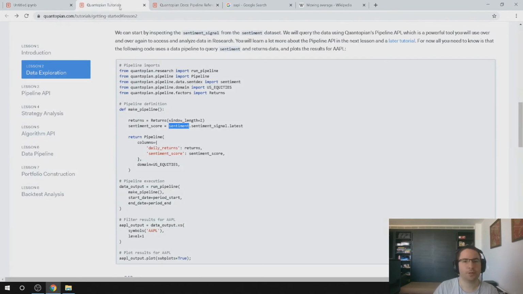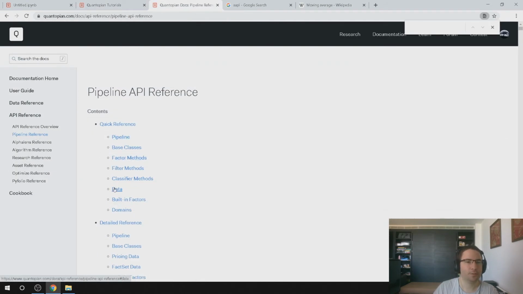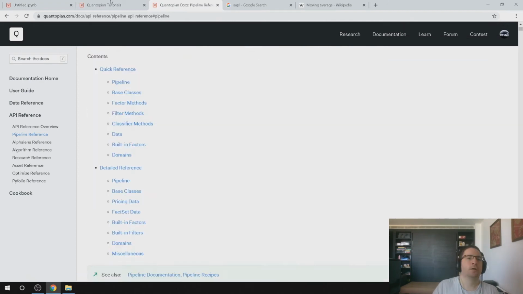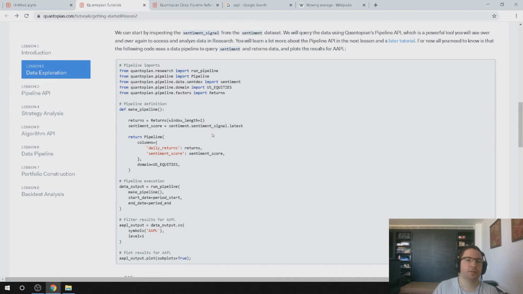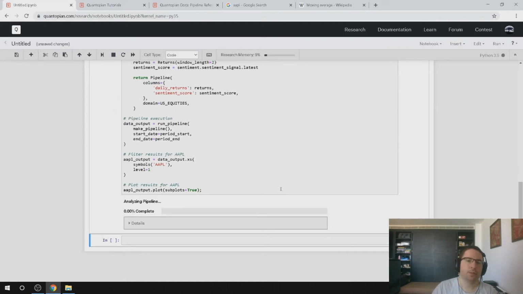What am I doing? Pipeline data. There's no sentex here, is there? Should we just give it the benefit of the doubt? So apparently there's some kind of sentiment method somewhere in pipeline. Sentiment.sentiment signal. I mean, what else are you going to pull out of sentiment? Let's just take this. It's analyzing my pipeline.